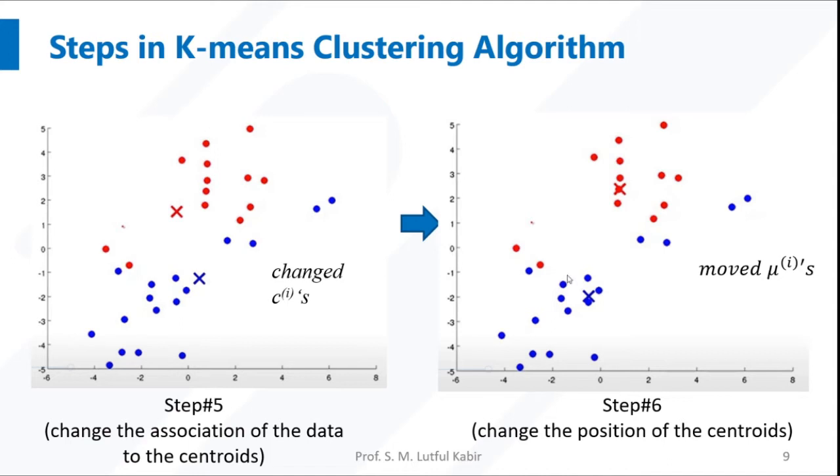That means the new associated points have to be taken as a group and you take a mean. You can see that previously the red centroid was at that point. Now the red centroid has been moved to the new point because the association has changed. Similarly, for the blue points, if you take the average of these blue points, then the new average is at that point. So the position of the centroid has been changed.